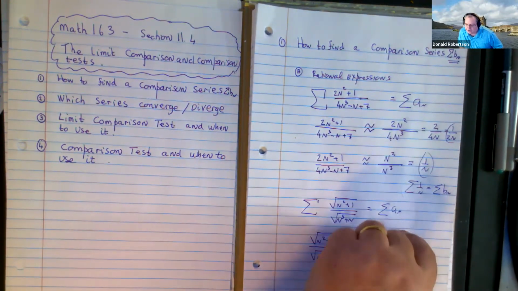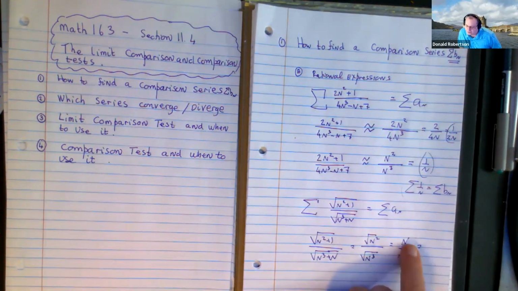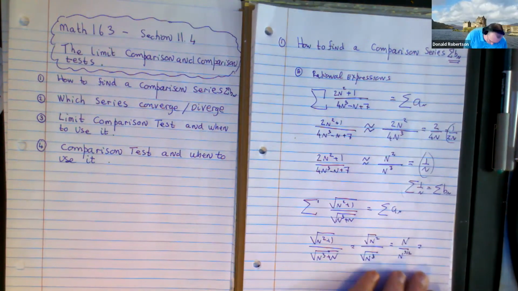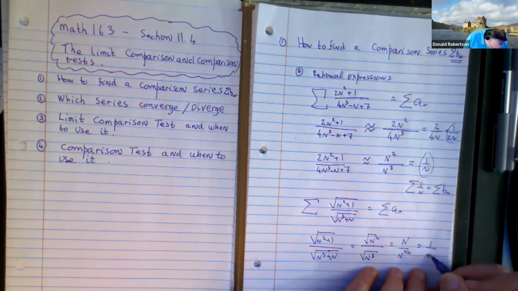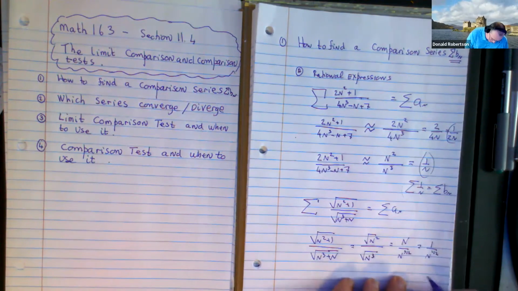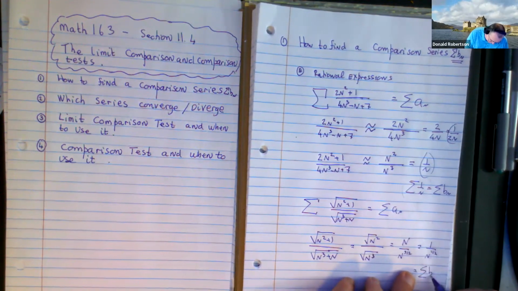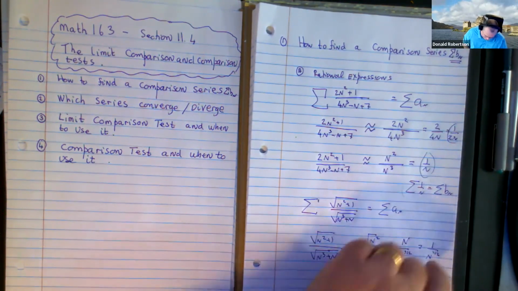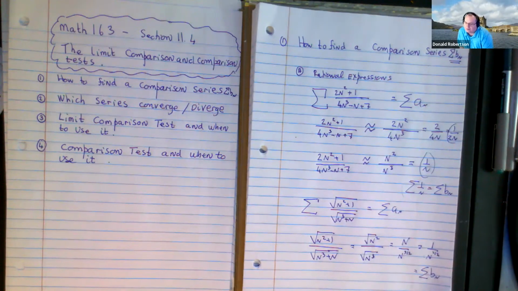This expression can be simplified. We agree there's n over n to the 3/2. That ends up being 1 over n to the half. And that is my comparison series. Do you see how this works?